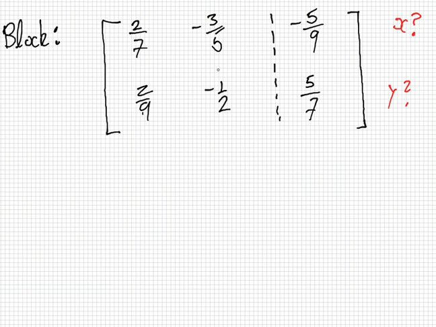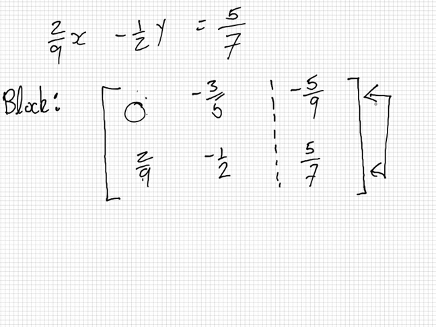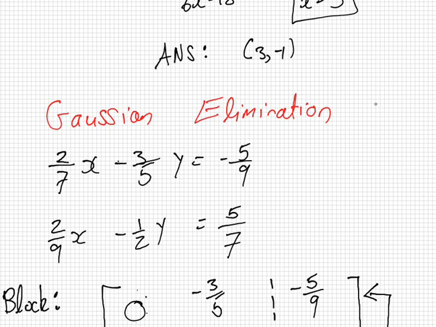What do you do if you don't have an x and a y? For example, let's say this was 0x. There's no x here. So what I could do is I could just swap them. Then there's an x on the top and a y on the bottom. I mean, it makes sense, doesn't it? You can swap these.